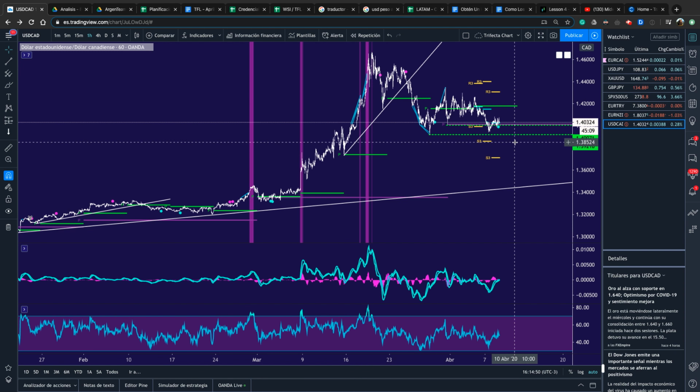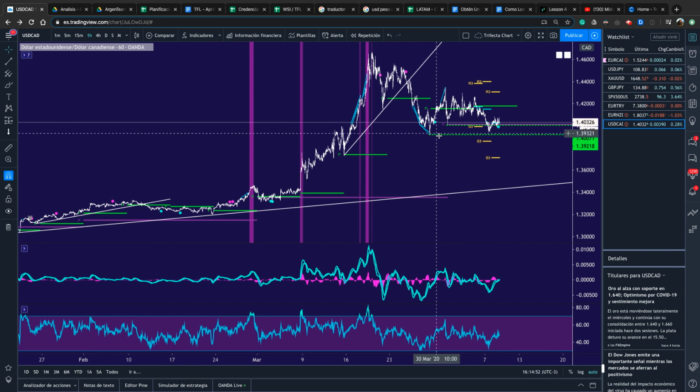and something similar is happening with the USD Canadian dollar, US dollar Canadian dollar. But it's already had a big movement and a retracement, and now we are in this kind of uncertainty. But if we break this level of 1.3921, the same thing could happen.